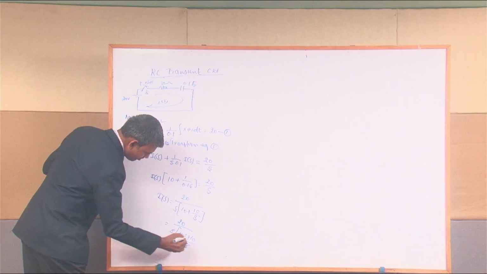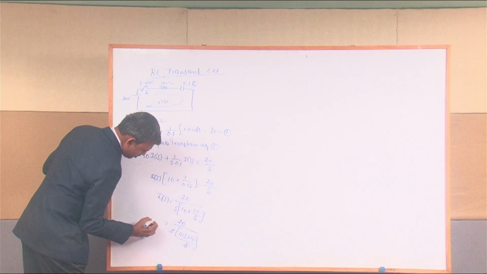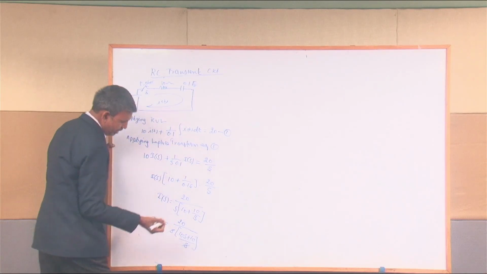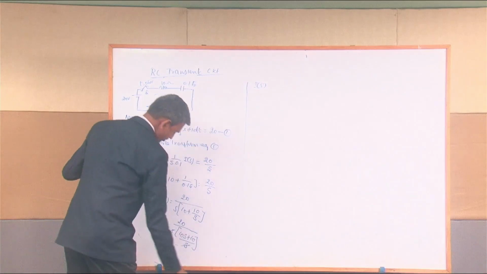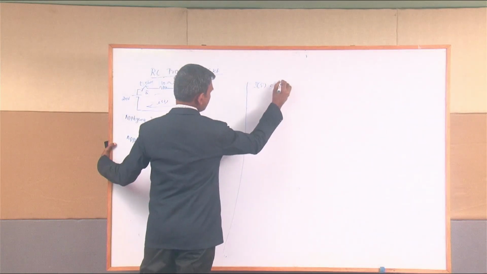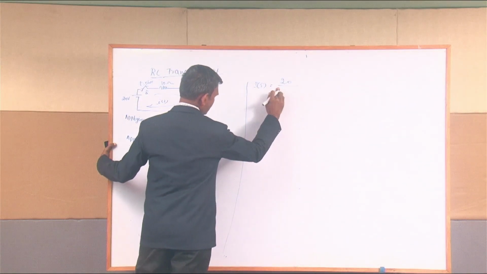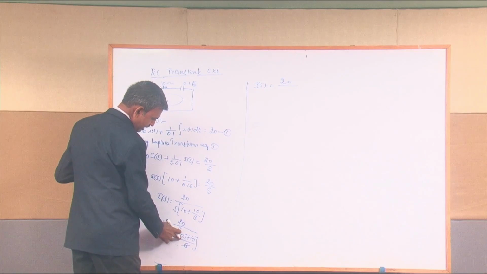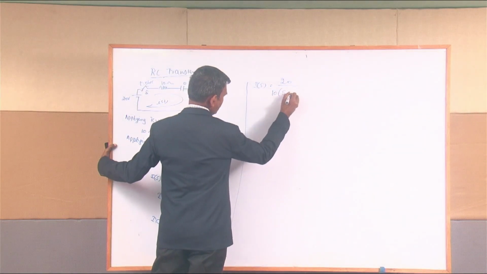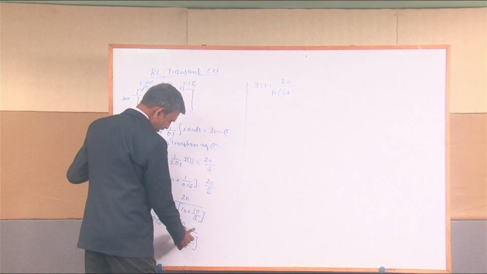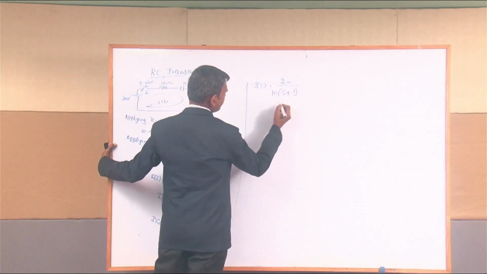Now, s will be cancelled. So, finally, I(s) is equal to 20 divided by, we can take 10 outside, 10 into s plus 10 divided by 10, which is 1.